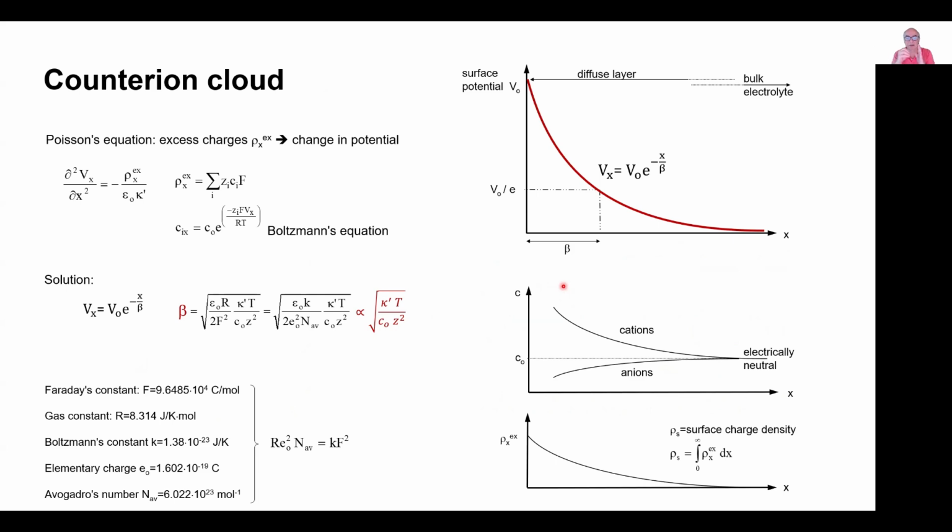So there is still an overall attraction, but there is thermal activity that kicks it out, and that leads to the development of this counterion cloud or double layer. Now, eventually this decreases exponentially, and so they tend to be closer to the surface than further away. And that is the essence of double layer theory.